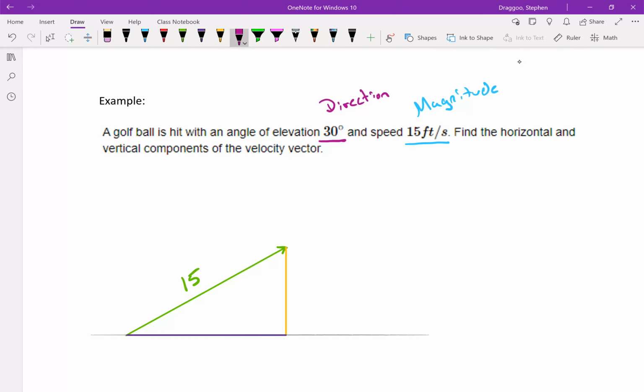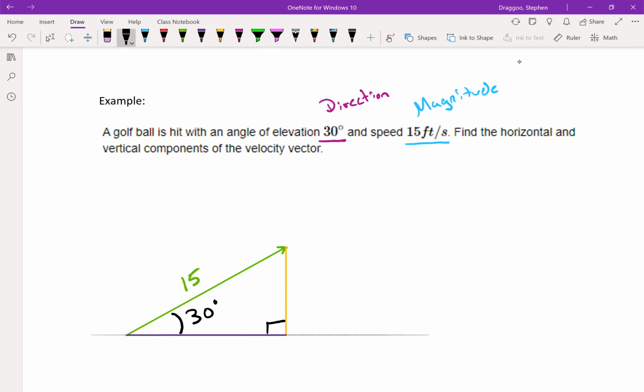Let's change that to be a slightly different color since I'm using yellow and purple. And we create a right triangle where we know we have an angle of 30 degrees right over here.